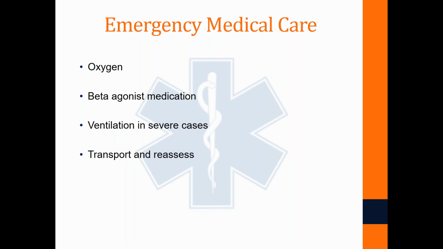Beta agonist medicines are going to be the standard for our asthma patients. It's what's going to help them the most. If we have tightness already in the chest and our patient feels like their lungs are stretched to the max, we really don't want to have to ventilate them if we don't have to, because it is entirely possible that when we go to ventilate them, we won't actually be able to force gas into them with the BVM.